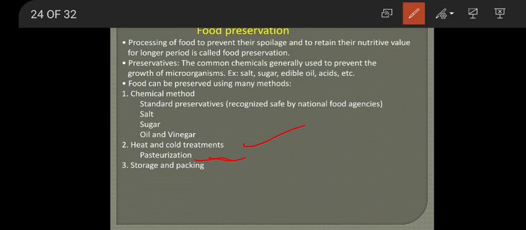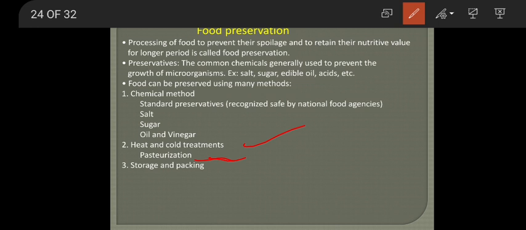You can see milk is available to us in packets. You can see Nandini dairy milk, you have seen that comes in packets. That milk is preserved. It is pasteurized. So we can keep that milk for 1 or 2 days without boiling also.